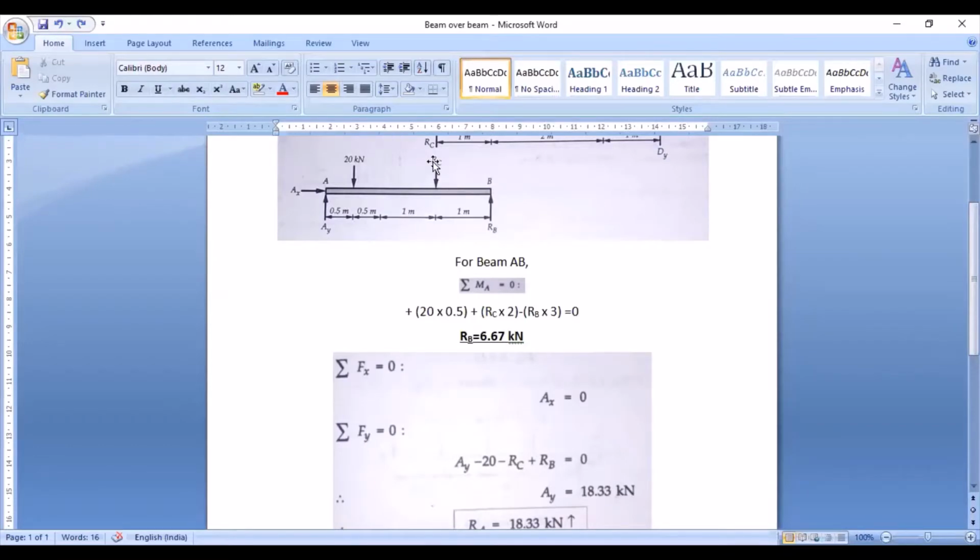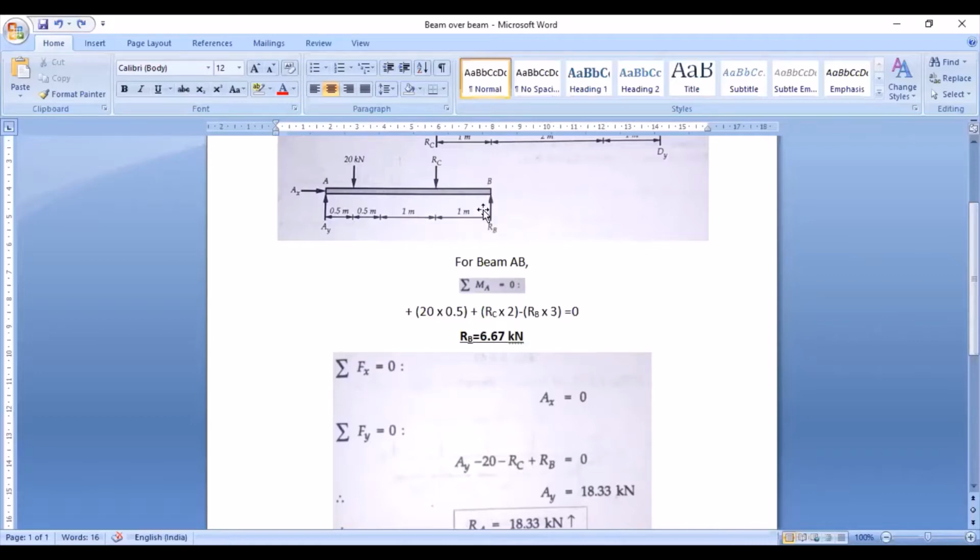For beam CD, it was a support, whereas for beam AB, it is a point load. So Rc is a vertical point load, the distance to be multiplied is horizontal, and it is acting at a distance of 2 meters from A. Therefore, it is Rc into 2, which causes a clockwise moment, so it is Rc into 2 with the positive sign.